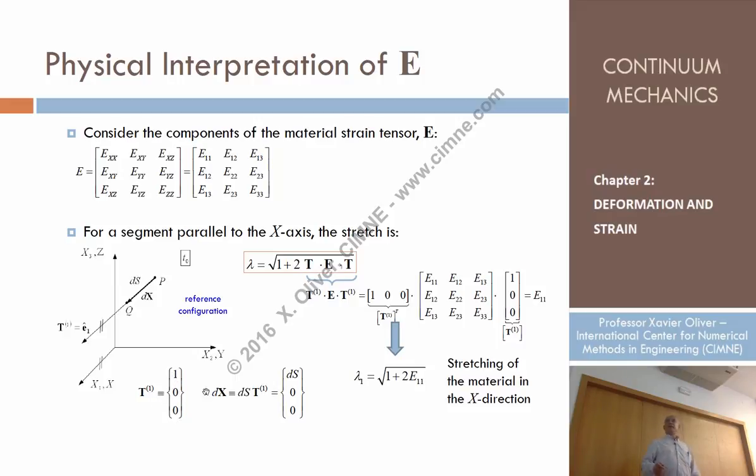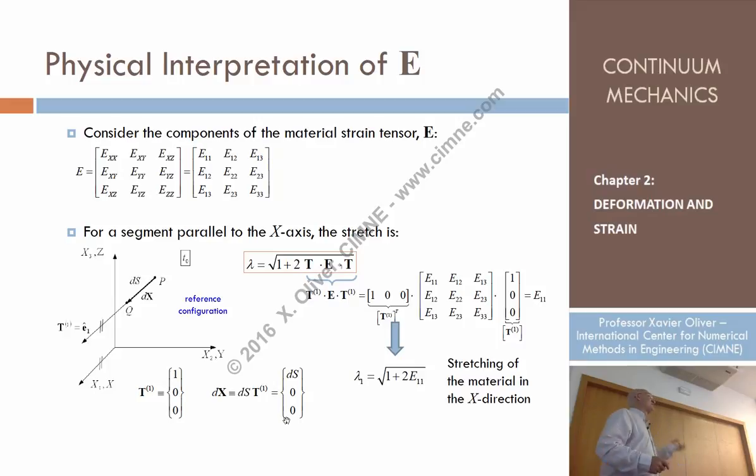So differential of x, in that case, would be differential of capital S, which is the length of this segment, times 1, 0, 0. So differential of x would be a vector whose first component is differential of S, the second component is 0, and the third component is 0.